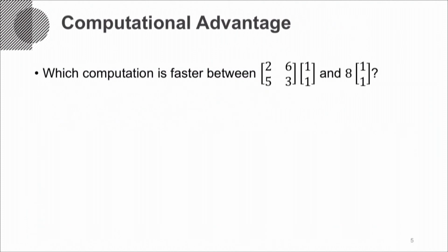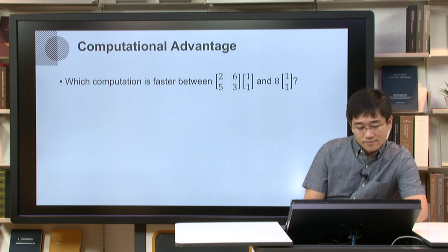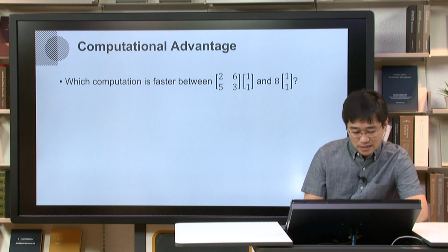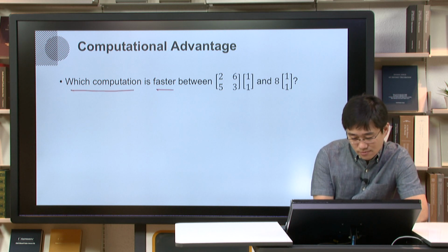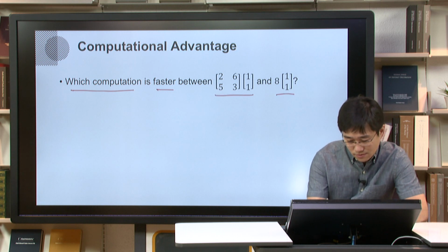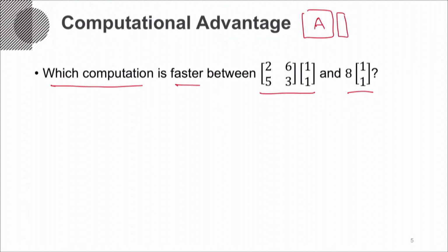This eigenvector equation has some computational advantages in terms of matrix vector multiplication. Let's think about which computation is faster between these two. In general, we have a matrix A and x, and this is a general transformation defined by our matrix A. But this is the same as lambda times x.